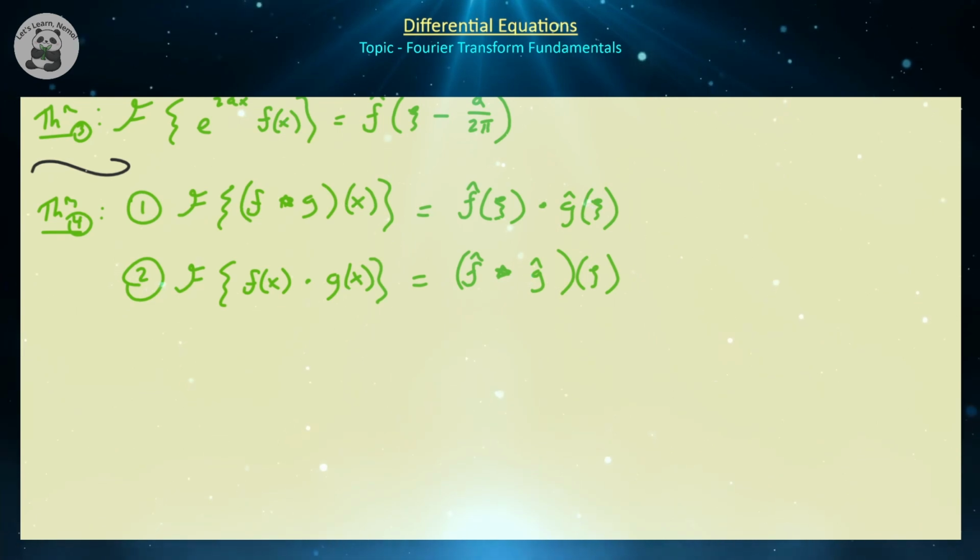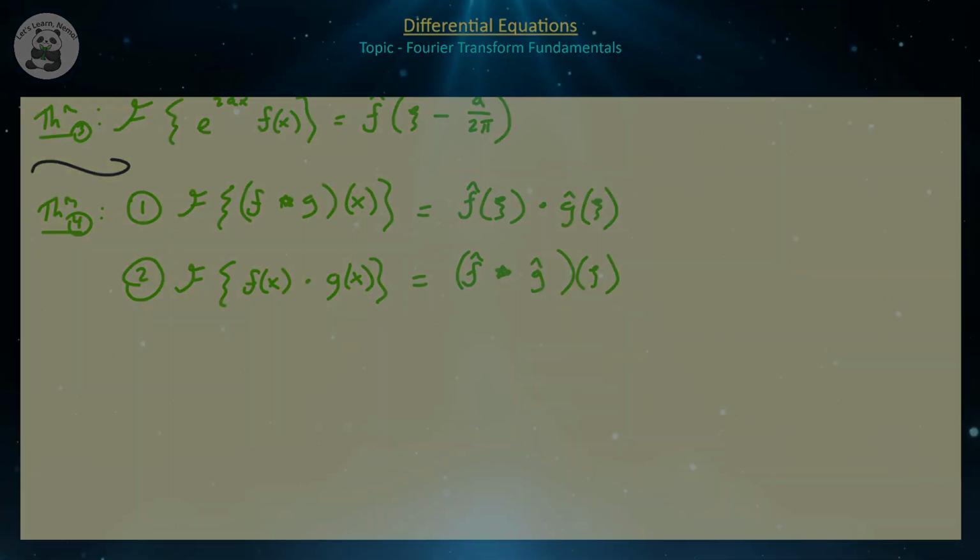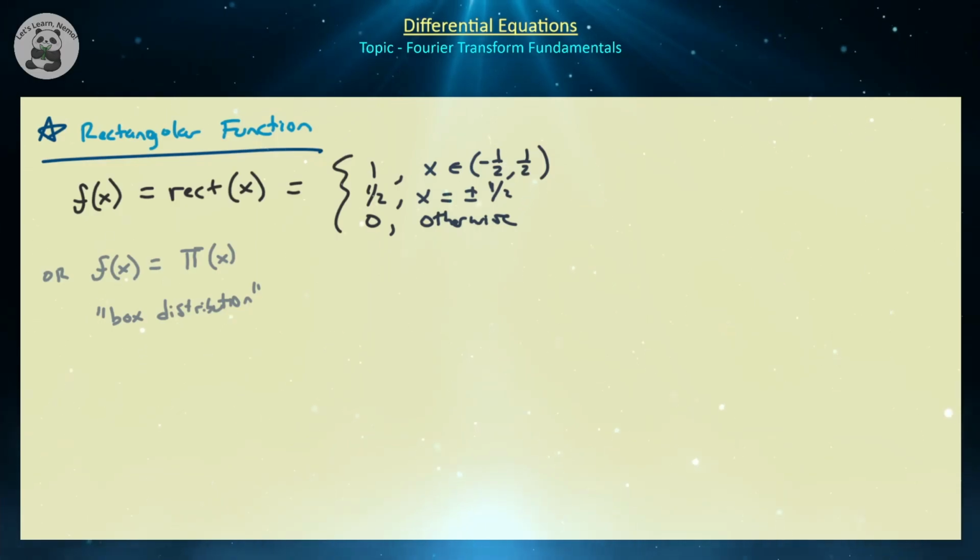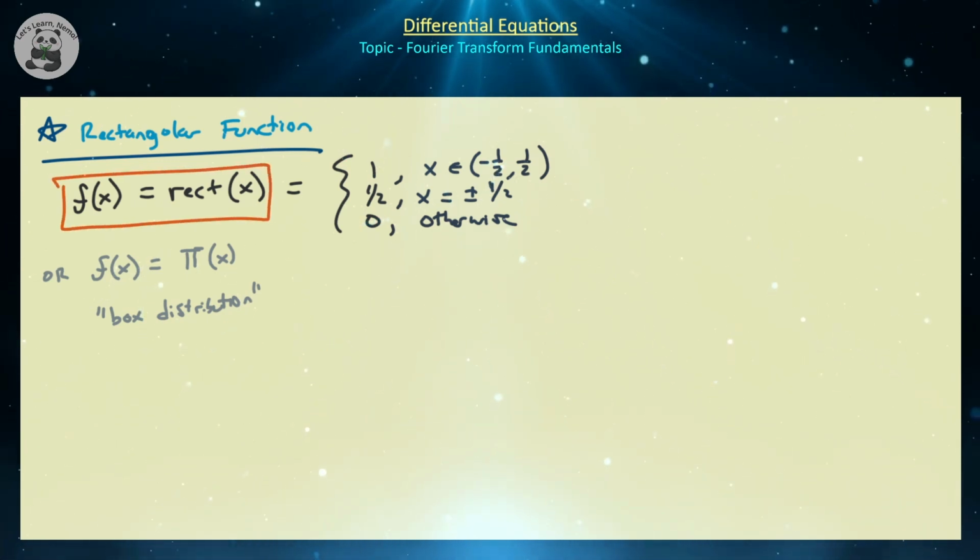Now let's introduce a couple new functions to sort of work on examples with. So the function that I want to introduce so we can explore the Fourier transforms is the rectangular function. Now there are a couple notations out there for the rectangular function and also some different names for it, but one of the more common ones is rect(x), short for rectangle.